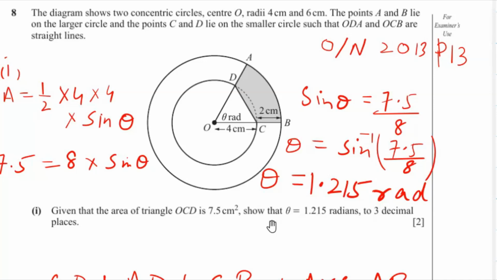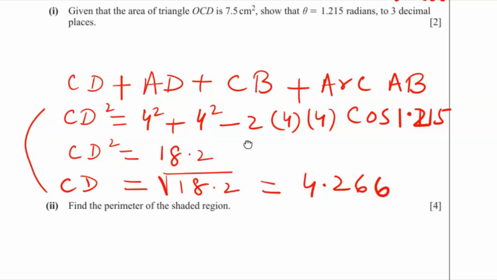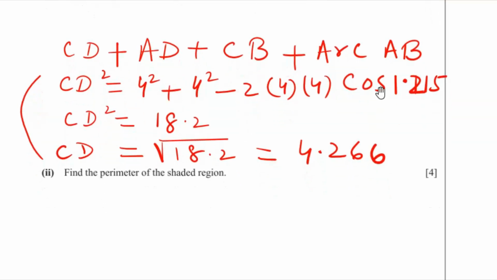Therefore, AD and BC are 2. AD is equal to CB is equal to 2. So CD is 4.266, AD is 2, CB is 2.